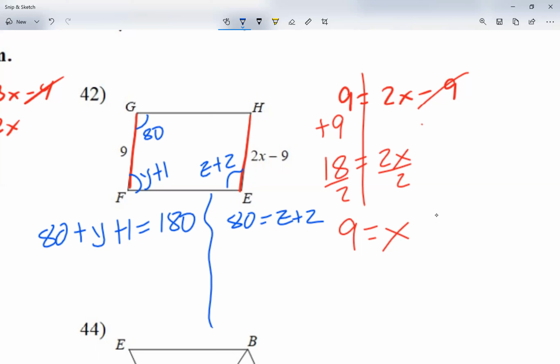Now, opposite angles that are far away from each other, they equal each other. So adjacent angles, I add everything equals 180. Opposite angles, I let them equal each other. Some of you guys might be like, how do I know if I'm right? You guys can do the work. I'm just going to say in this case, y will be 99. And in this case, z will be 78.